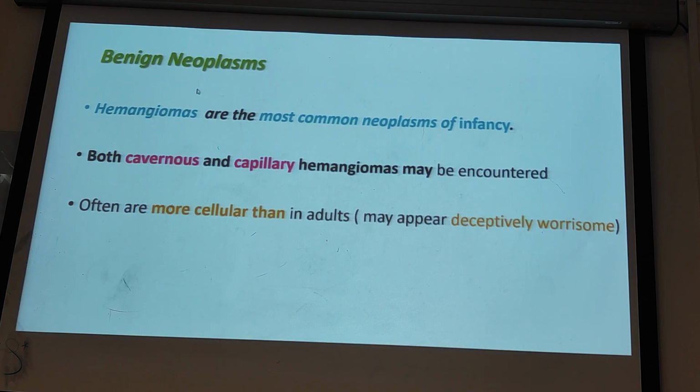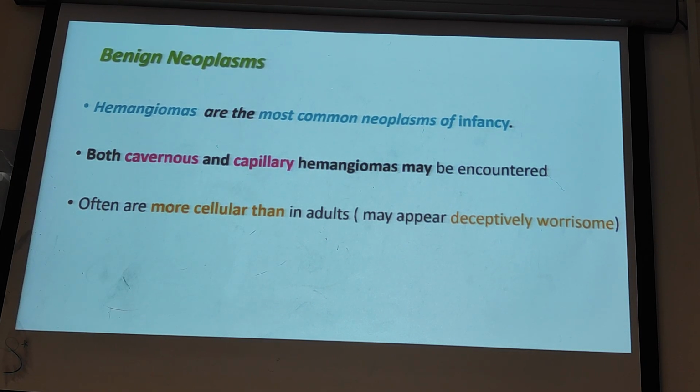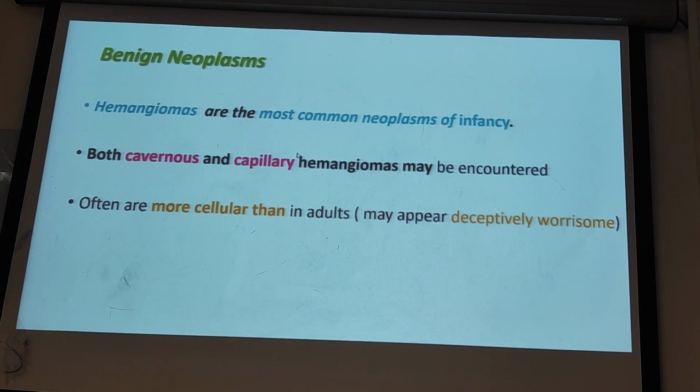Okay, benign neoplasms include hemangioma. I think you see hemangioma in practical sessions, okay? I don't remember. Miss Hadley said to me that you see cavernous hemangioma and capillary hemangioma in practical sessions.